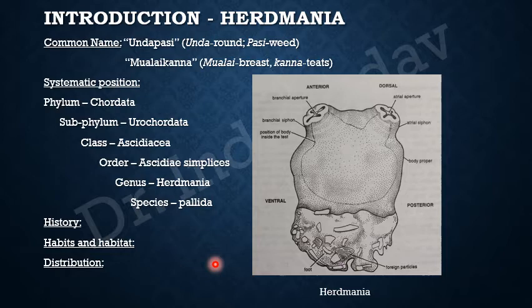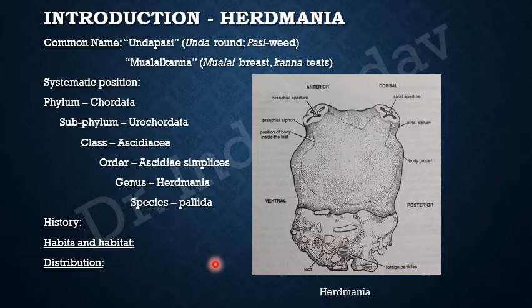During the process of commensalism, Herdmania offers protection to the mollusk from its enemies, while in turn the mollusk provides more food, oxygen, and a large area to disseminate its progeny.